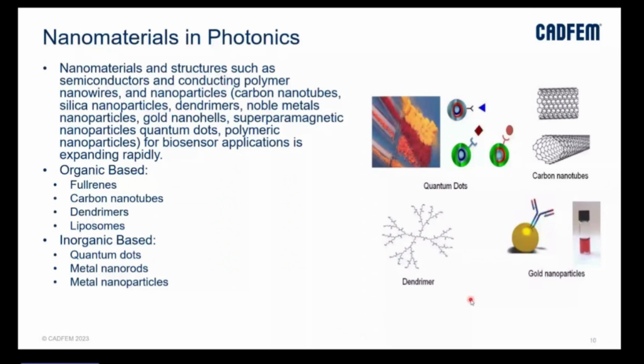They can produce, for example, nanowires, carbon nanotubes, or silicon nanoparticles. They have a lot of applications in different sectors. For example, designing biosensors, we use gold nanoparticles to exploit surface enhanced Raman scattering to understand molecular properties.